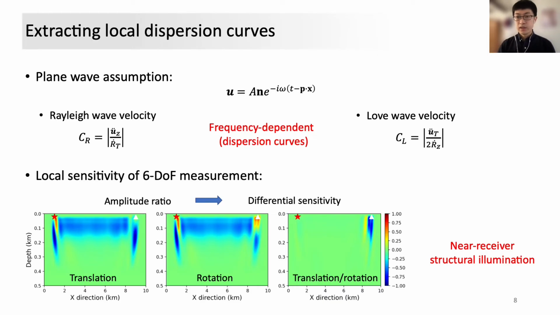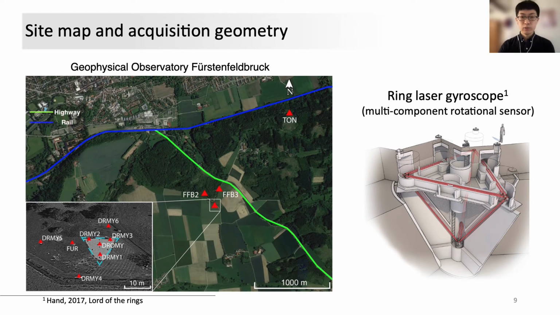In addition, the sensitivity of this amplitude ratio-based quantity is theoretically equivalent to the differential sensitivity of its numerator and denominator. That will make the derived phase velocities provide a more concentrated constraint on the structures near the measuring point. Now let's move on to the real application of the 6th degree of freedom point measurement.